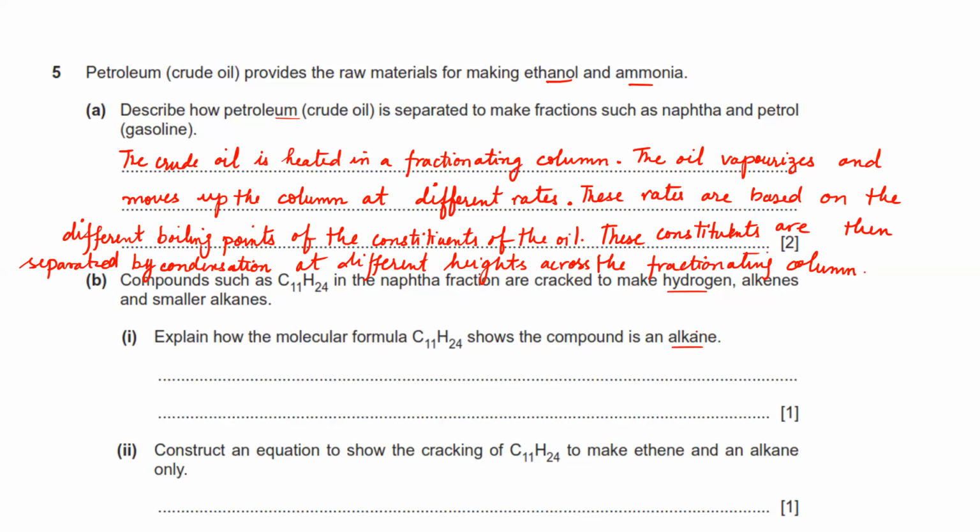So remember the general formula for alkane is CnH2n plus 2. So for n equals 11, we have 2n plus 2 equals 24.